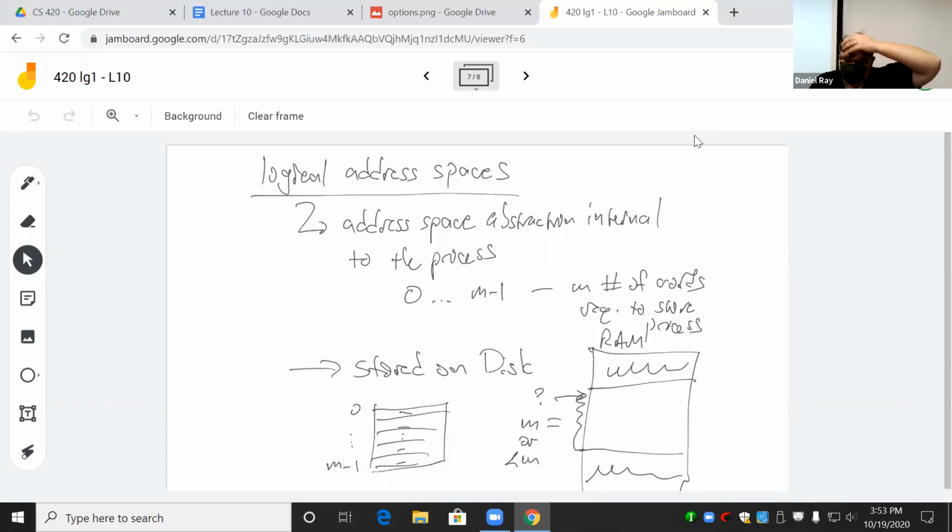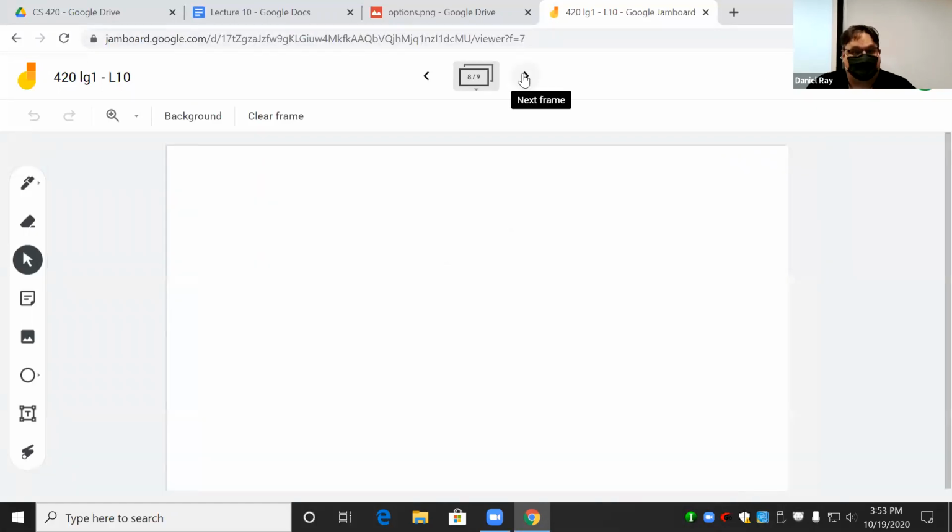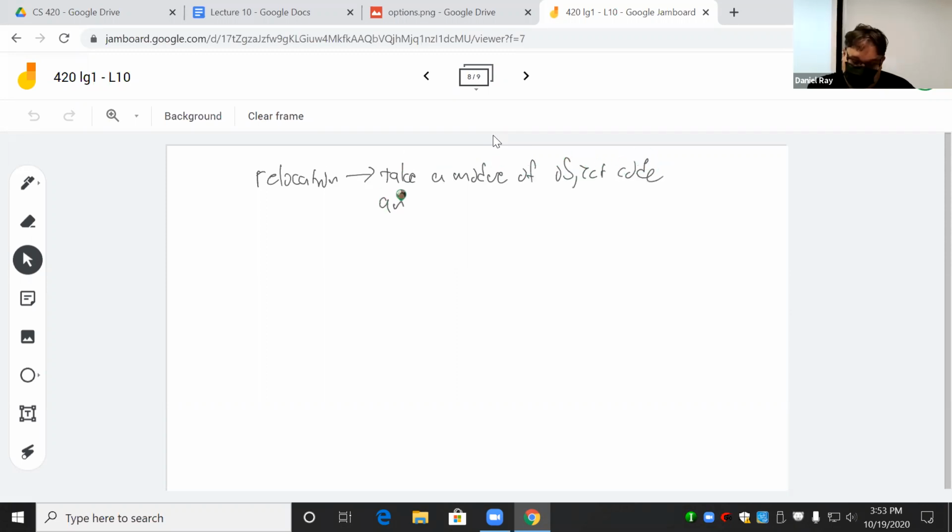There's two ways. We can do static relocation, and a word about this term, relocation. This is when I take a module of object code and, for right now, let's just assume I move it to a place in physical memory.